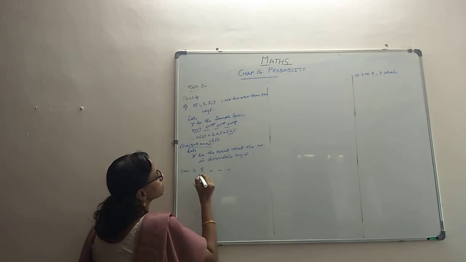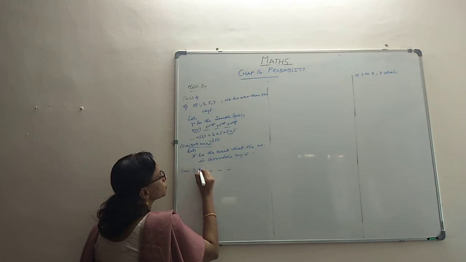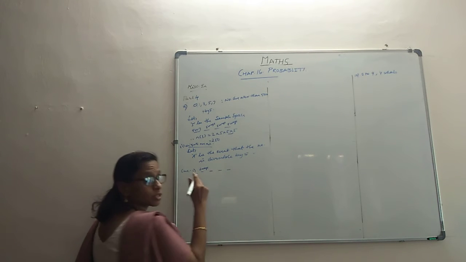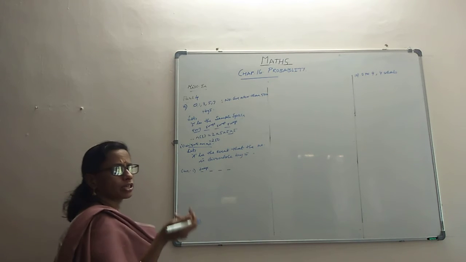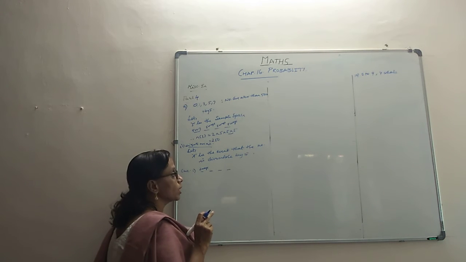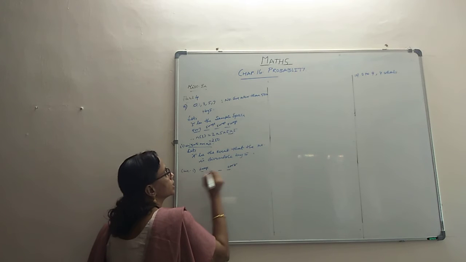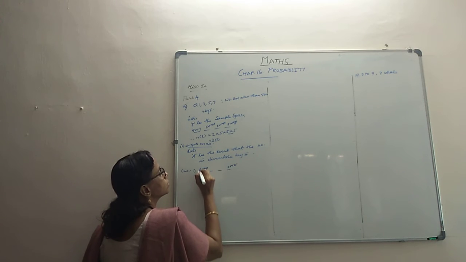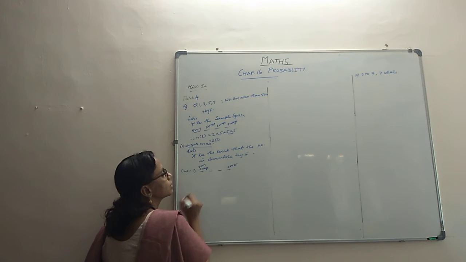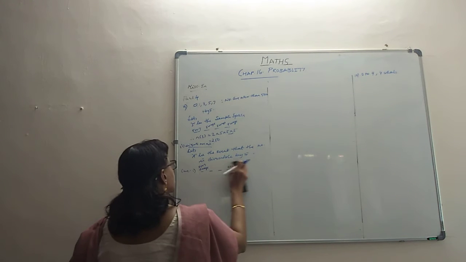So then I don't think we'll have to take 2 cases. This place can be filled in 2 ways, by 5 or 7. Once we have filled this, because it has to be greater than 5000, if it has to be divisible by 5, the units place can be filled only by 0 or 5. I think we'll take it as 2 cases, that's better, otherwise it's all full of confusion.